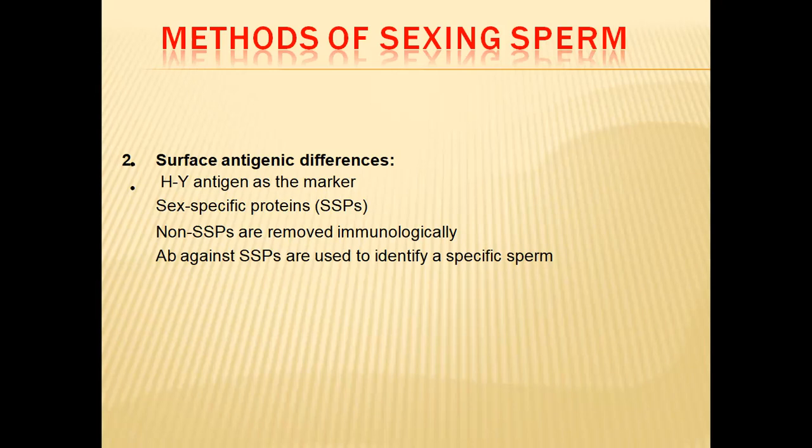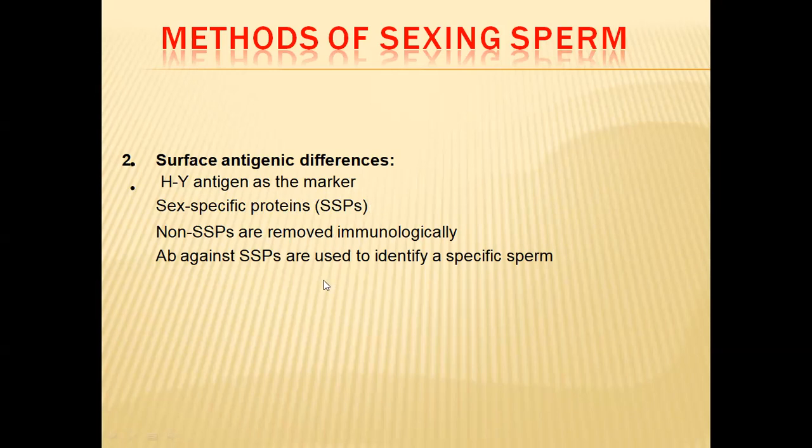Only the SSPs, that means only special antigens, will remain. Only the antigens and proteins present on Y chromosomes will be there, and the remaining commonly occurring proteins will be removed. So now we can separately choose these sperms.